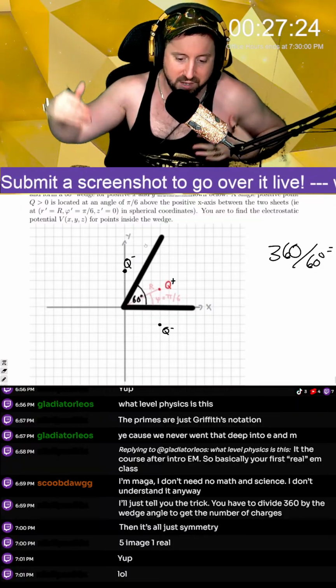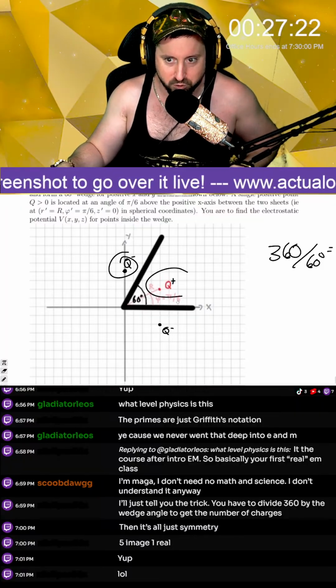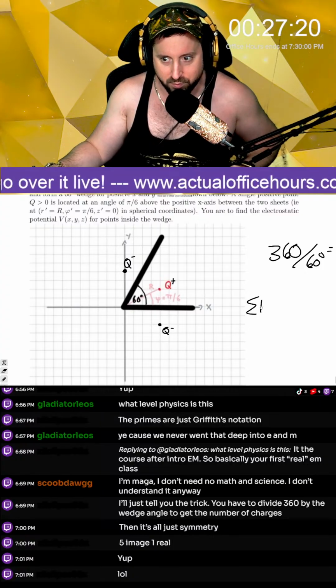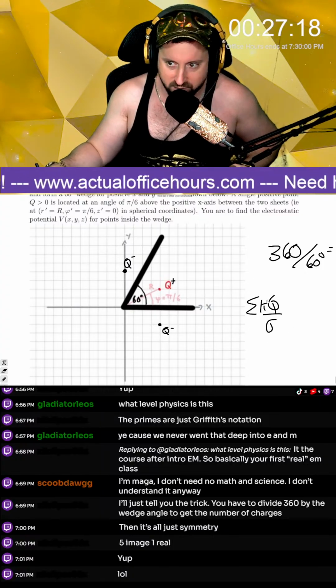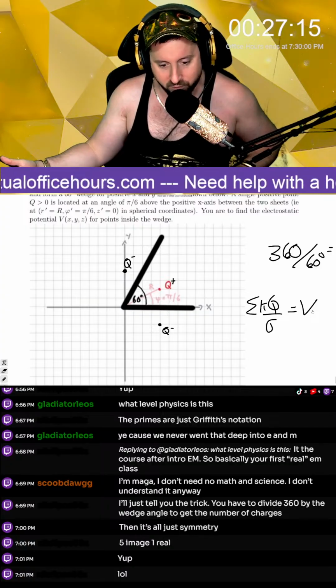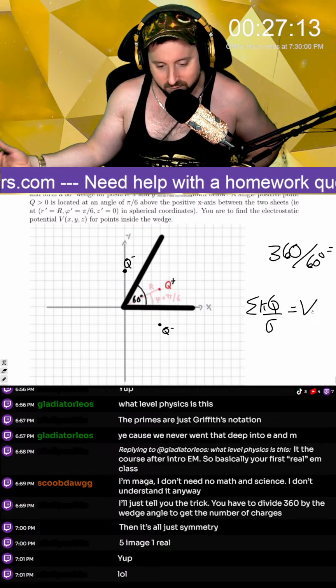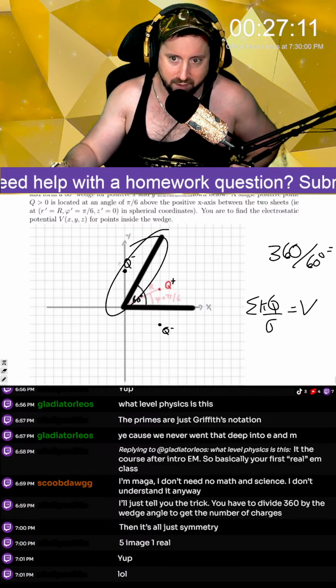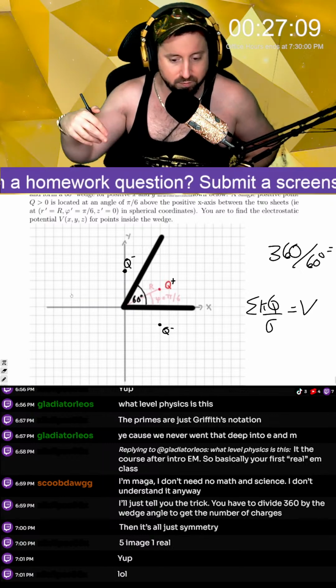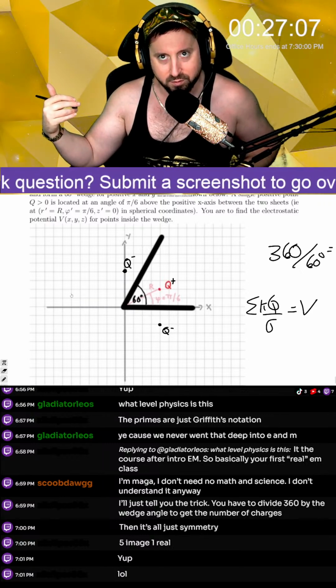And then it's a lot easier to calculate electric potential from individual charges because you can just do the sum of kQ over r. This is the easiest way to figure out the potential of a system of point charges. And it simplifies it a lot more than having to consider lines of grounded plates.